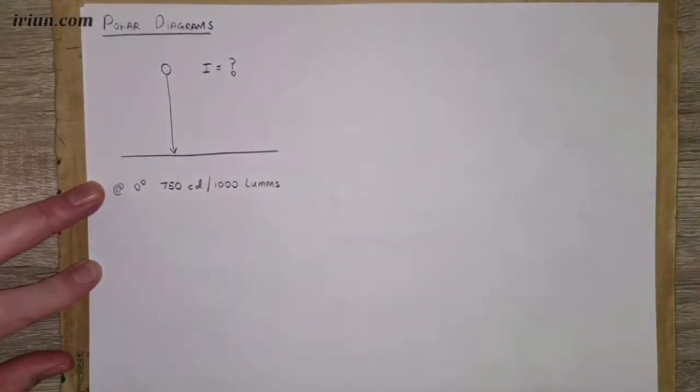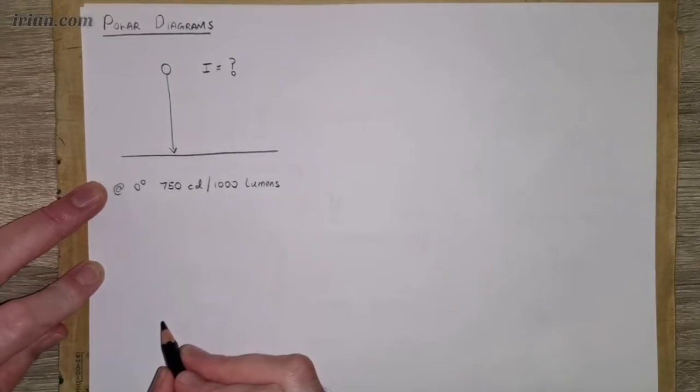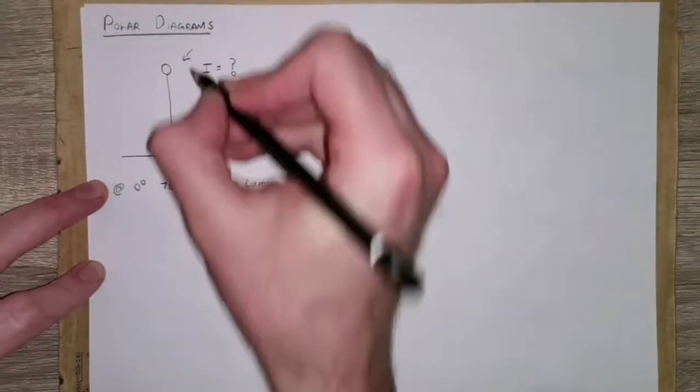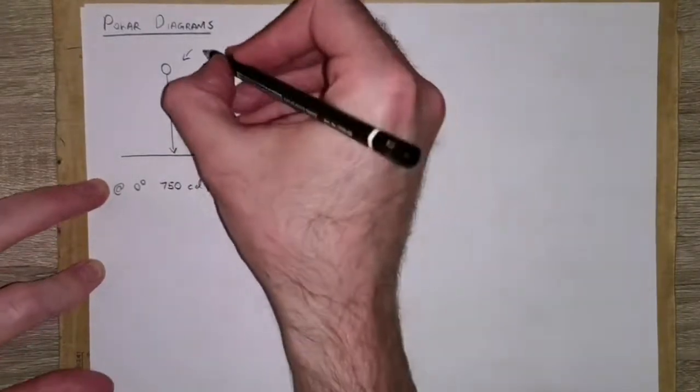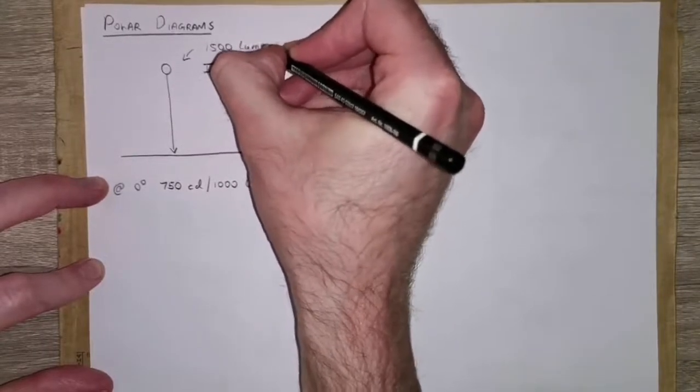So how do we use that information then to get the luminous intensity? The first thing we also need to know about this source of light is that its output is 1500 lumens. This is provided from the manufacturer of the light.